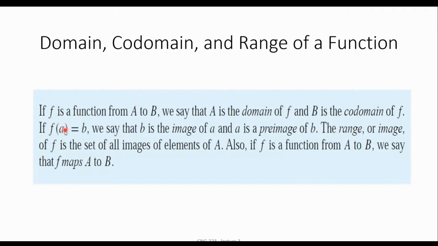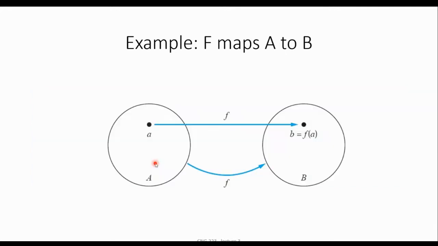So domain is actually the set of the function which we show with capital A, and a is just a pre-image of that. Sometimes we make the mistake of saying that a, for example, is a domain. No, a is just an element inside that domain. So we shouldn't make that mistake.